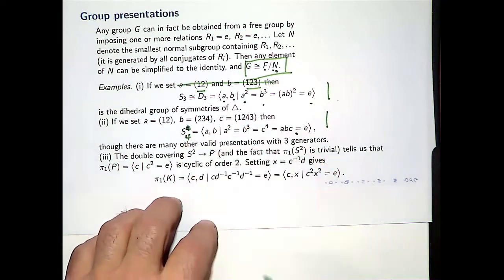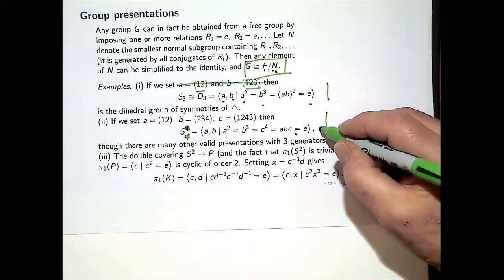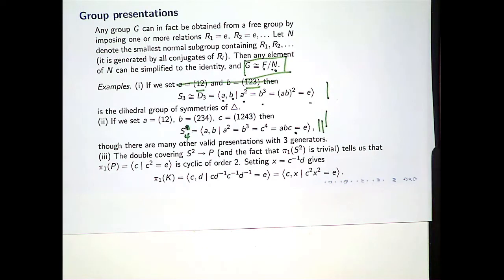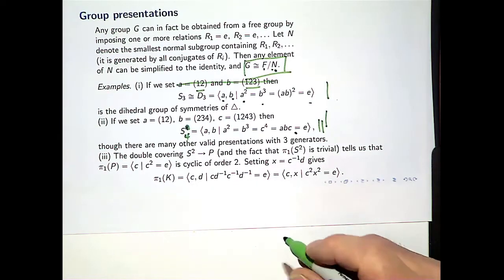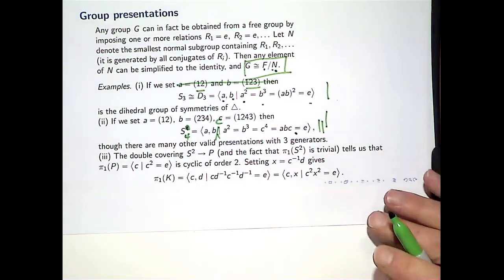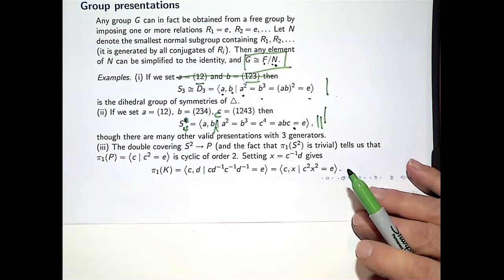For Sn, the symmetries of n letters, you need a different scheme for it to extend to Sn. So you can try and think, how would I present Sn without talking about permutations? It's going to be generated by a number of letters. By the way, there's one missing here. I've just noticed. This should be C as well. So in general, you'll need more generators and more relations.